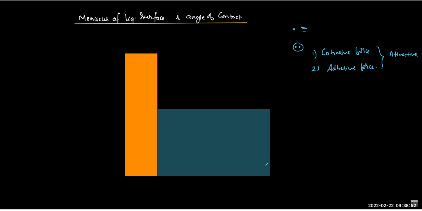Now coming back to the meniscus, we'll consider the molecule which is at the free surface, and not just the free surface, it is touching the wall. We would like to understand what exactly happens with this particular molecule.